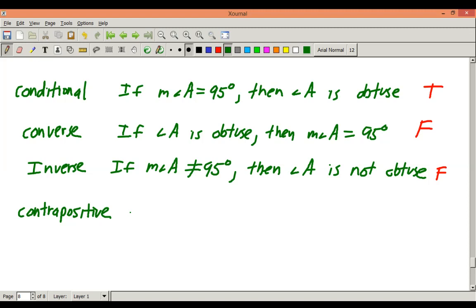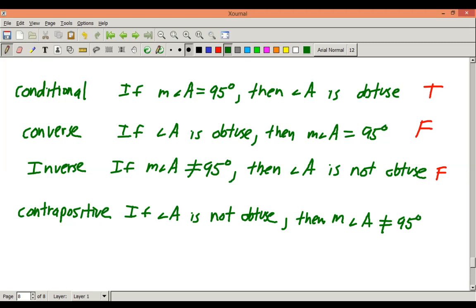So we'd say if angle A is not obtuse, then the measure of angle A is not 95. Okay, so if the angle is not obtuse, it's not 95 is a true statement.